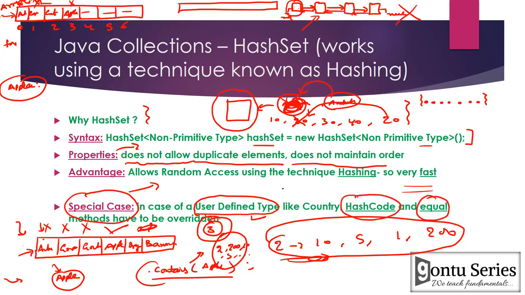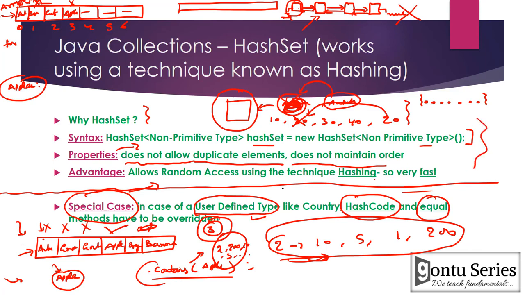Now what does that mean? We're going to look at it later. Let's talk about things till this level first. Let's see the demo till this level, and then let's see what exactly I mean by hashCode and equals methods to be overridden in a user defined type like Country. But before that, let us see what is a HashSet programmatically.